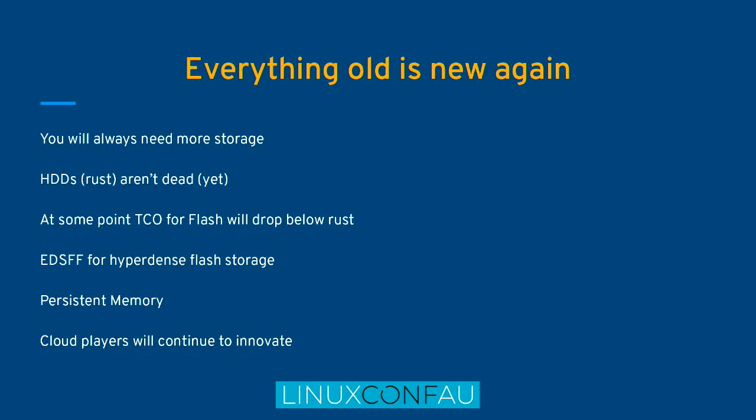If you want to see an example of where that may happen sooner rather than later, look at EDSFF. This is a hyperdense flash storage platform. You can effectively put a petabyte of storage in 1U. It's a ruler format; it was originally called the ruler. It was an Intel format, and now there's a refined version that a bunch of vendors are adopting. It has a PCIe interconnect on the end, but it's a ruler-shaped form factor.